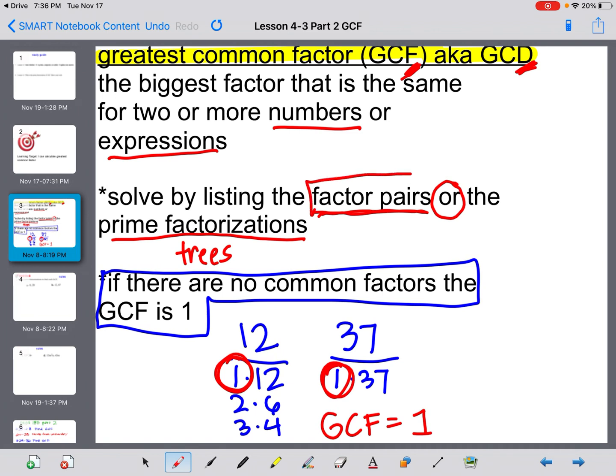So I actually just did the first strategy, which is making factor pairs. But you have some examples on your notes too in the next boxes. Did you need to write anything down? Do you need to pause again?